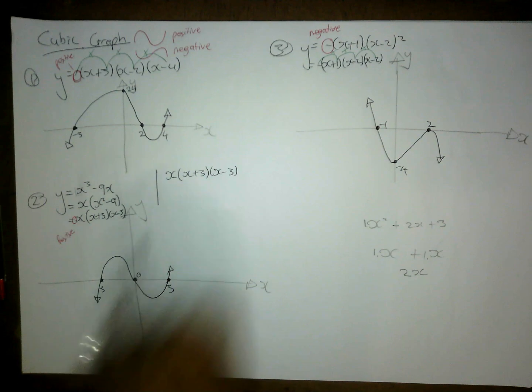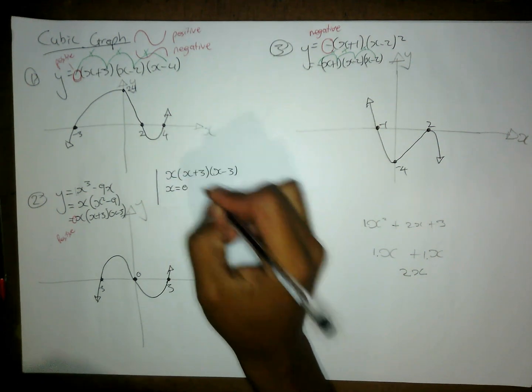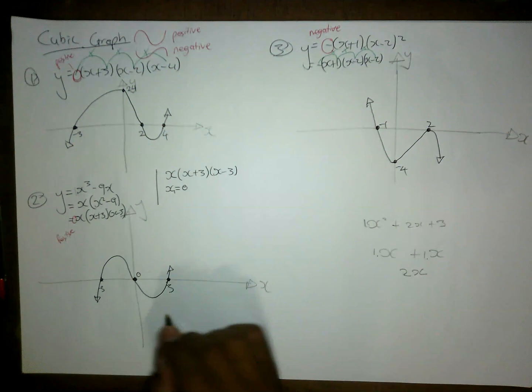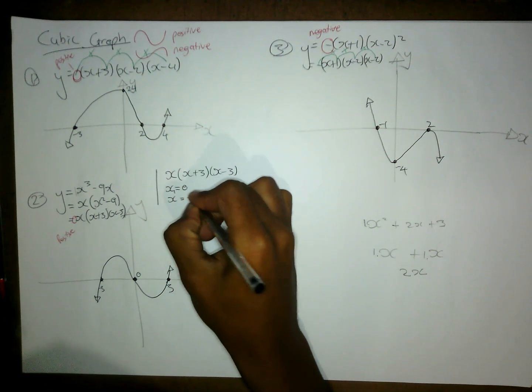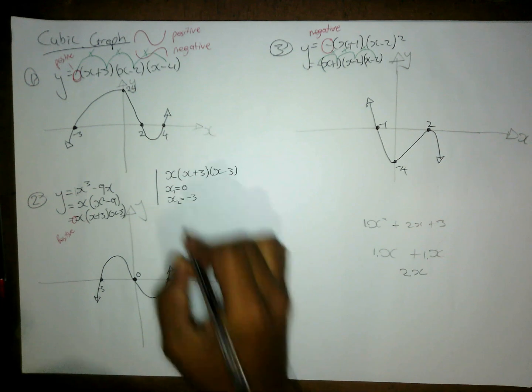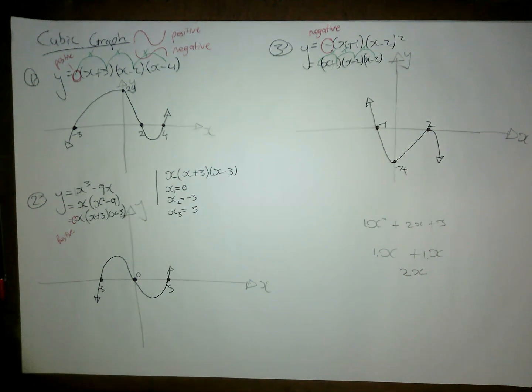When you solve x, you're gonna get x equal to 0 as your x1. You're gonna get x equal to negative 3 as your x2. You're gonna get x equal to positive 3 as your x3. At some point, you had to have seen or done this in previous questions. No doubt you had to have done it at least once.